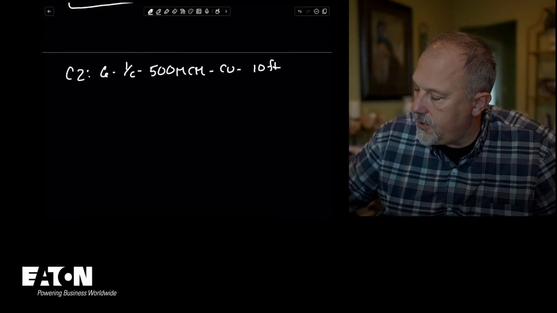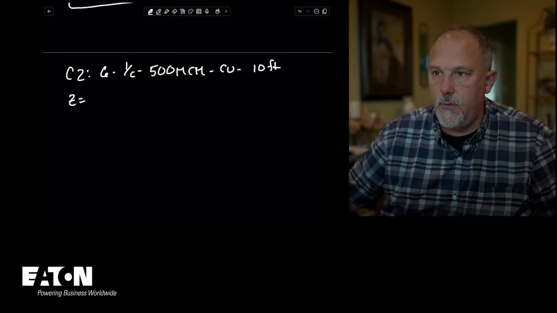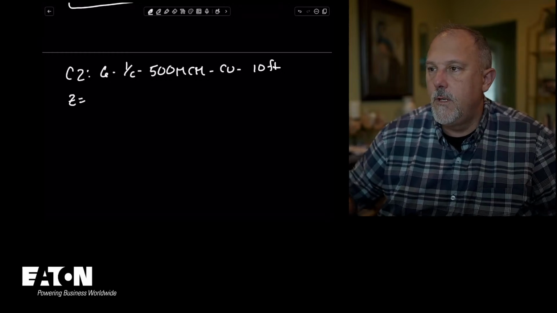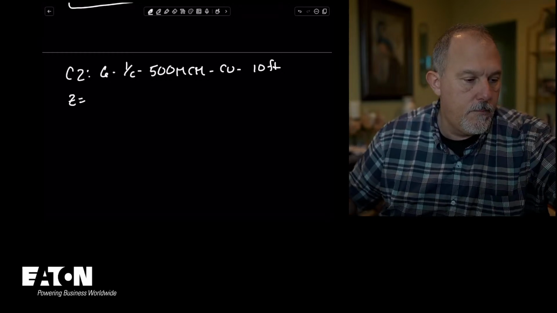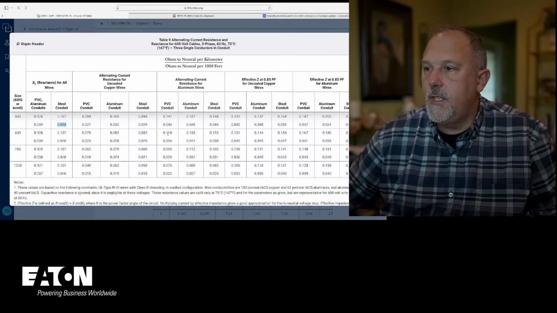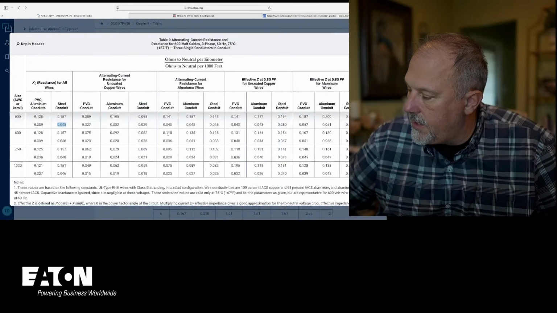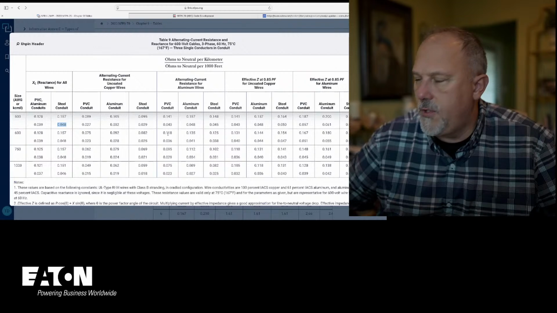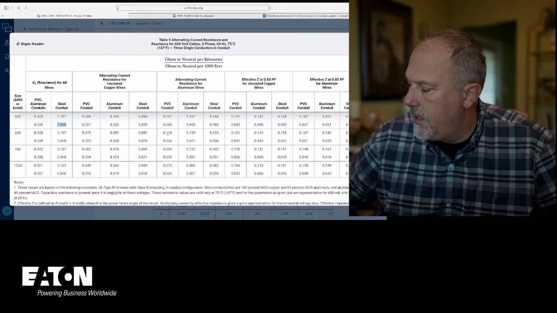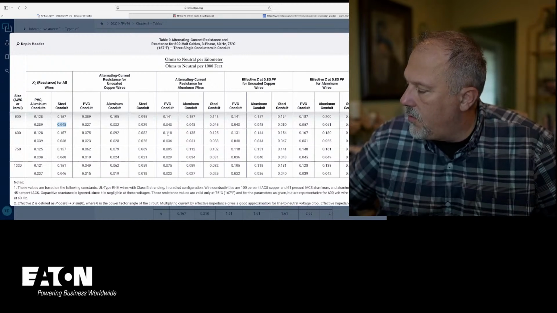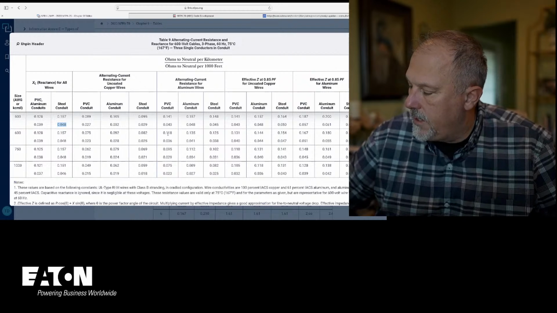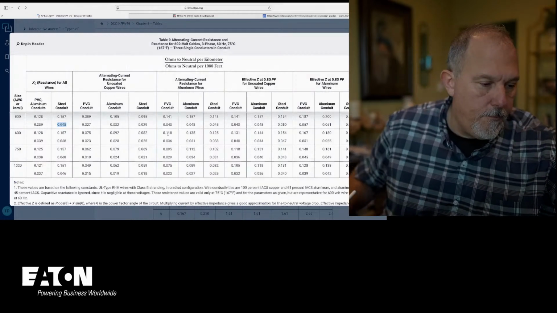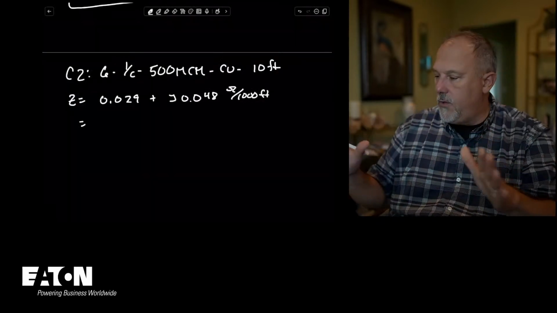So conductor 2, Z is equal to 0.029 plus j 0.048 ohms per thousand foot. All right, so we know that.